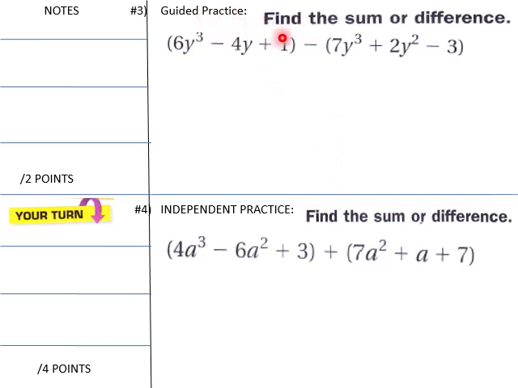Okay, into our guided practice, find the sum or difference. We have the quantity 6y cubed minus 4y plus 1 minus the quantity 7y cubed plus 2y squared minus 3. Students, this is yours down here, but pay attention up here so you can do your independent, okay?